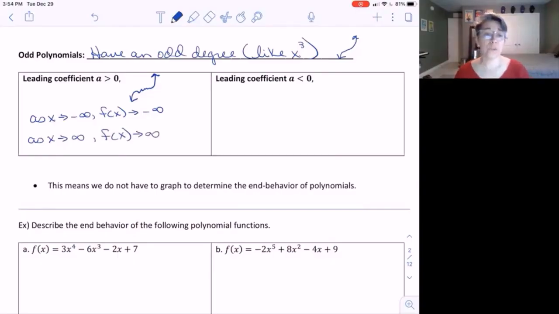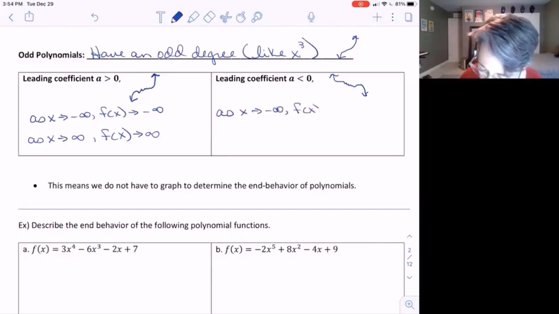Now, if your leading coefficient is negative, that odd polynomial, regardless of what happens in the middle, will eventually decrease overall. So that means as we go towards the left, as x approaches negative infinity, f of x goes towards positive infinity.